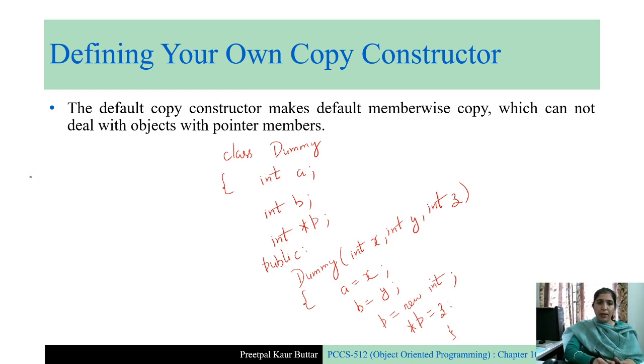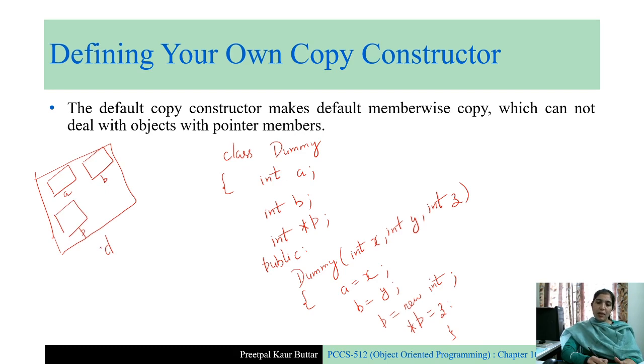When the object is created, suppose the name of the object is D, then memory for A will be created, memory for B will be created, and memory for P will be created. Okay, and P is equal to new integer. So P will contain the address of a new integer.